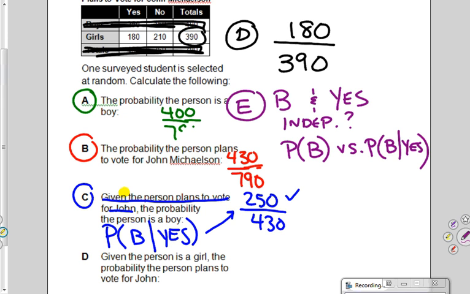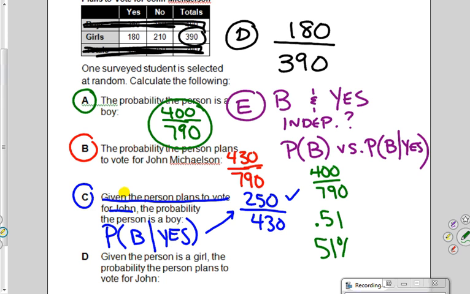So I believe we already calculated the first thing, probability of boy. Wasn't it right here in green? 400 out of 790. Can I get that as a decimal, please, to the nearest hundredths? 0.51. Does this tell you that 51% of the students are boys? Yes. Now, we're going to see, out of the kids voting yes, which is how many? 430.